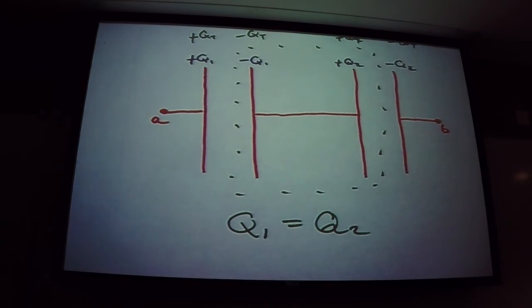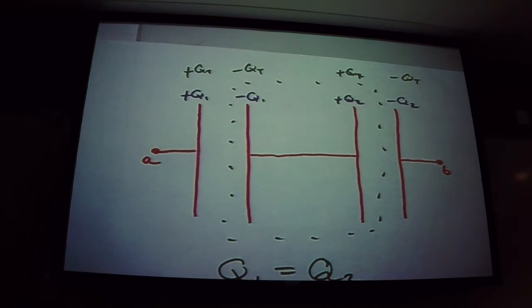Now I want to look at how much charge I've totally stored on this. You might think I've got one capacitor with Q total on it, and another capacitor with Q total on it, so that would be 2Q total. However, I don't have access to that.